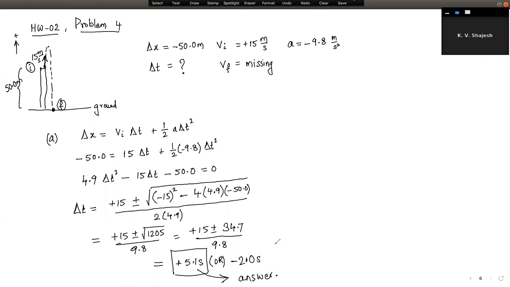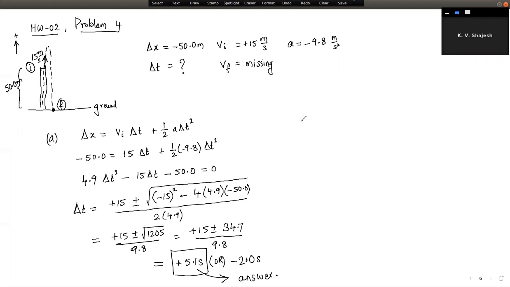One could interpret what negative 2.0 is: mathematics doesn't know when the stone starts and ends, so it can project the stone backward in time. If it were thrown from the ground, that's what this minus 2.0 seconds would mean. But in this problem, it's the first solution that is the answer.